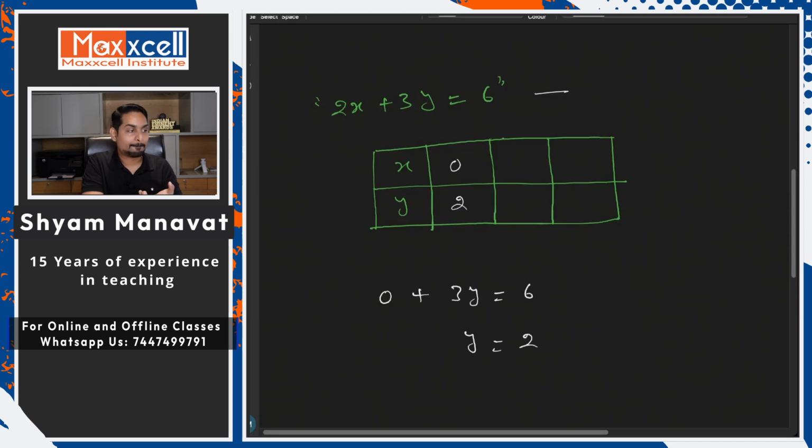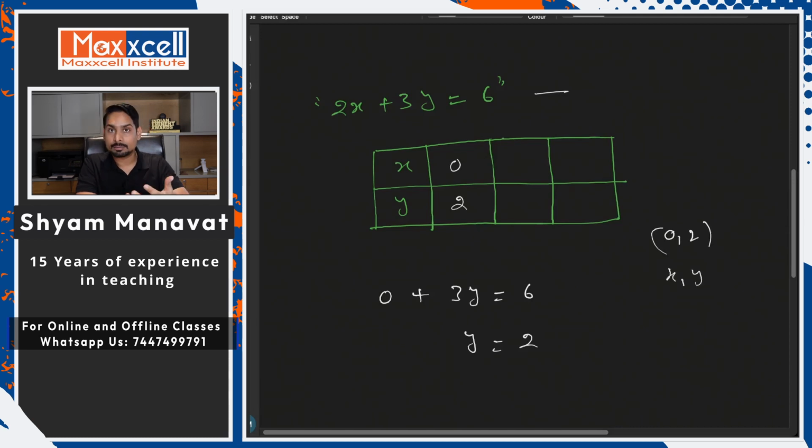What does this mean? Mind my words here: this line, with equation 2x plus 3y equal to 6, passes through a coordinate which is 0 comma 2. Remember, x comma y, 0 comma 2.